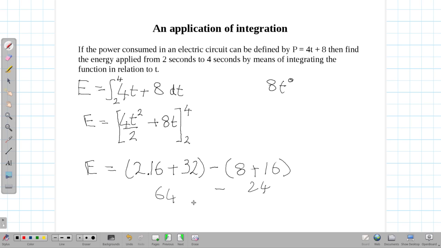Okay, so 64 minus 24 is 40. So the energy is going to be 40, and that's joules, of course, 40 joules. Okay.